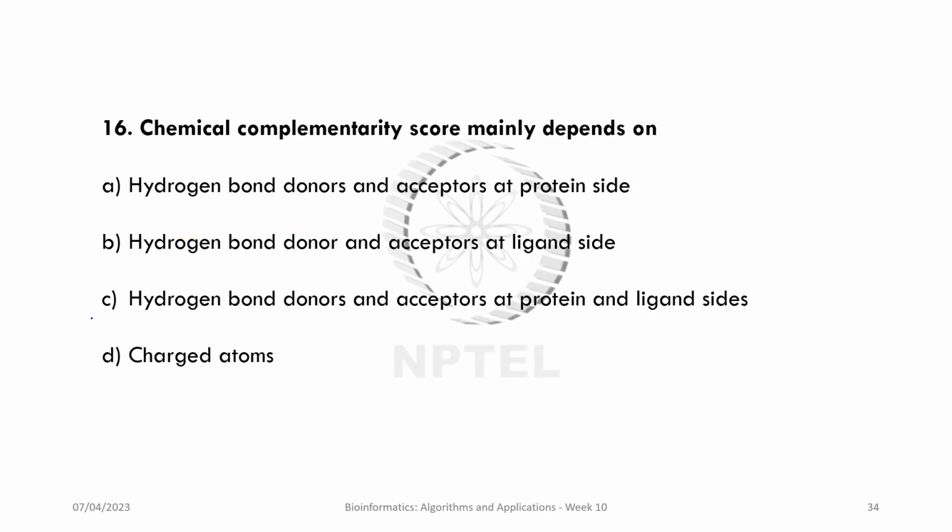Question 16. Chemical complementarity score mainly depends on: A, hydrogen bond donors and acceptors at protein site; B, hydrogen bond donors and acceptors at ligand site; C, hydrogen bond donors and acceptors at protein and ligand sites; D, charged atoms.